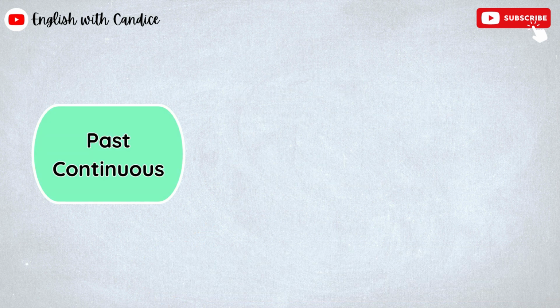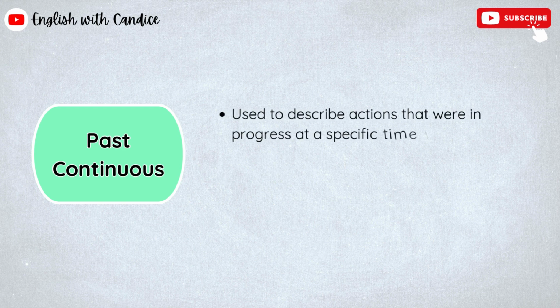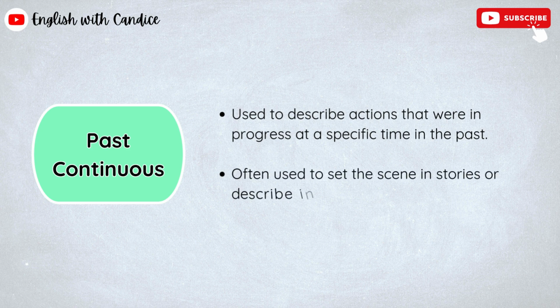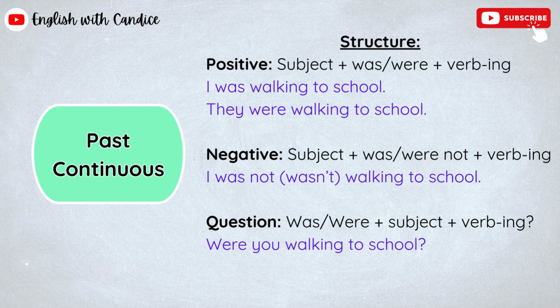Next is the past continuous tense. This tense is used to describe actions that were in progress at a specific time in the past. It's also useful for describing interrupted actions or setting the scene. The structure is simple for this one as well. So for positive sentences, we use the subject, followed by was or were, and the verb with ing.